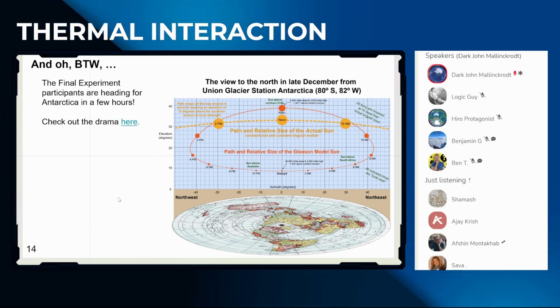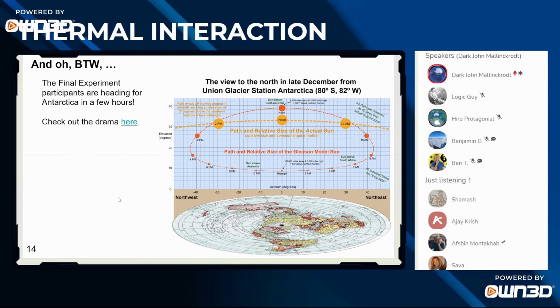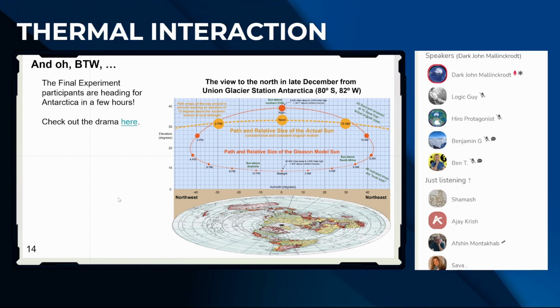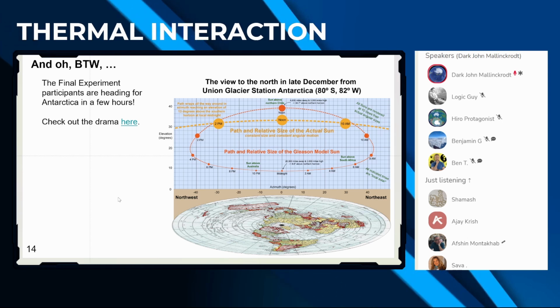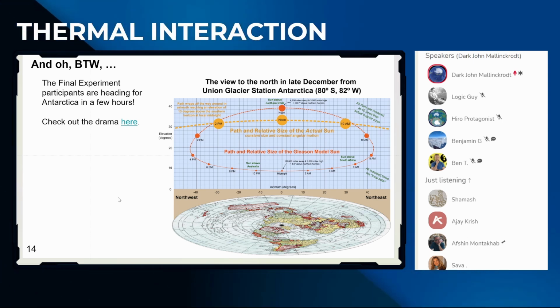On the standard model, they are on an ice wall, part of the ice wall south of South America, and they'll be looking north, and they will expect to see their sun circling around over the Tropic of Capricorn, which is all to the north of them, getting smaller as it goes around to the back side of the Earth, and then so on.